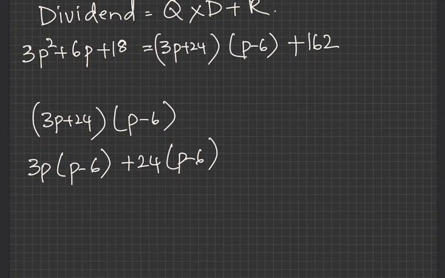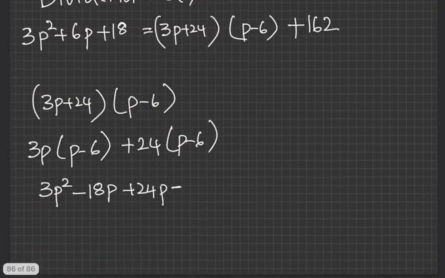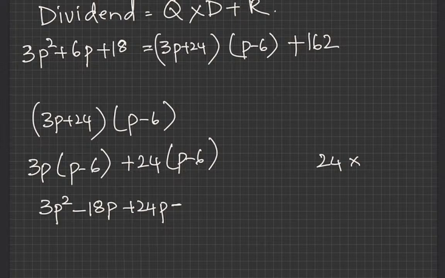So it's basically we are multiplying two binomials here. So it is 3p times p is 3p squared. And then I have negative 18p. Then I have plus 24p. Then I have a negative 144 here. 24 times 6, I think I did the calculation here. 24 times 6 is 144.